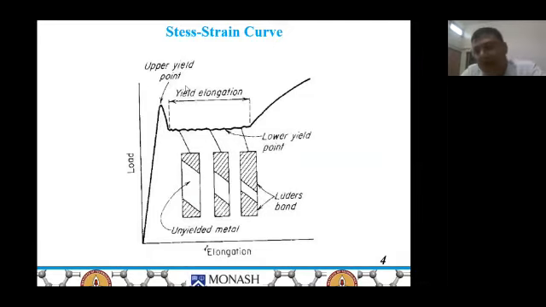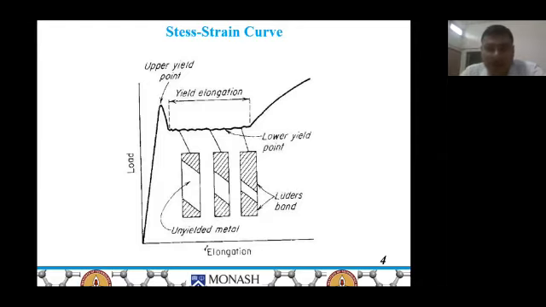Basically, the yield point phenomenon occurs generally in low carbon steels. When we have low carbon steel, carbon interstitial atoms go below the positive edge dislocation and lock the dislocation movement.